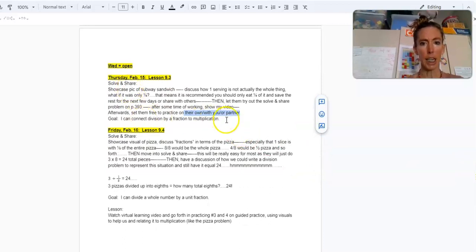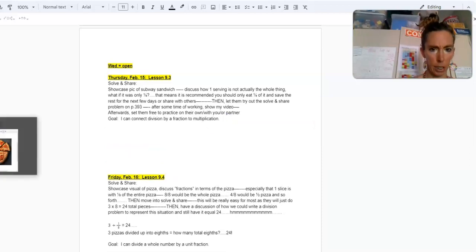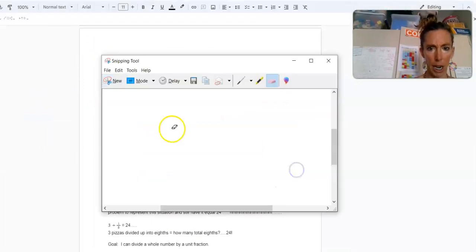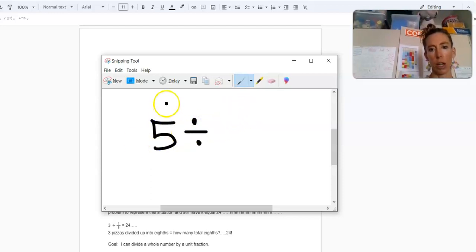In that lesson, you are doing problems where we're dividing by a fraction. So if I have 5 divided into, so I have my whole number, and it's being divided by a fraction.